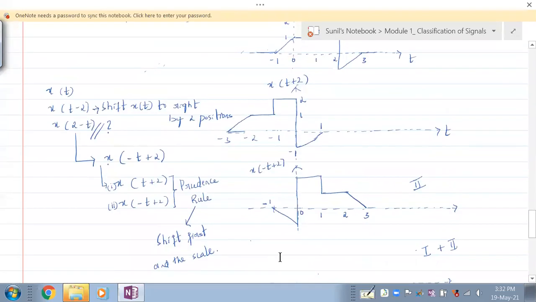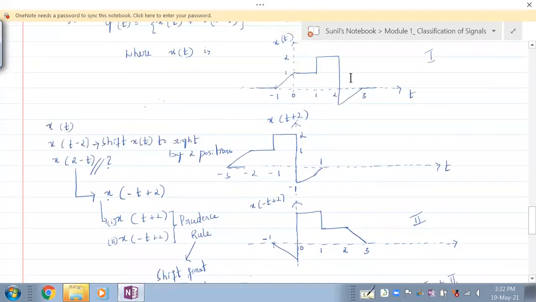From 1 onwards, what's happening? You have to see these two signals. Now from 0 to 1, what's happening here? Sorry, let's see.